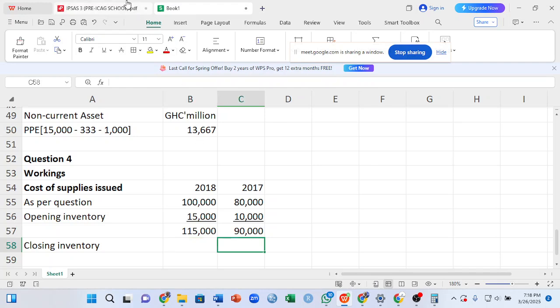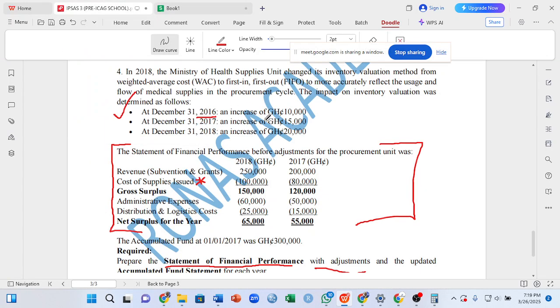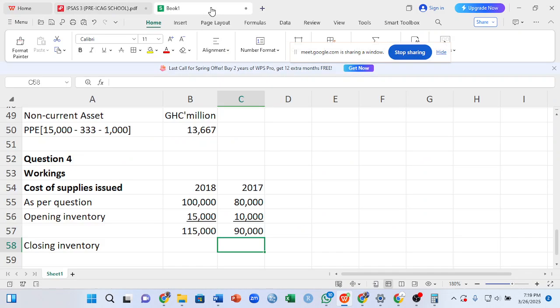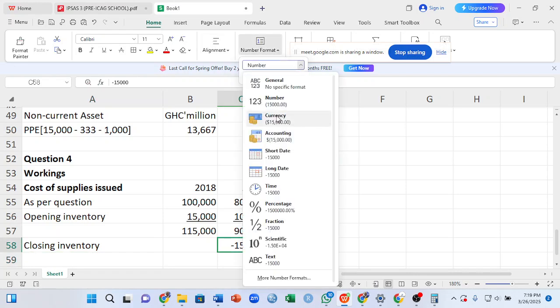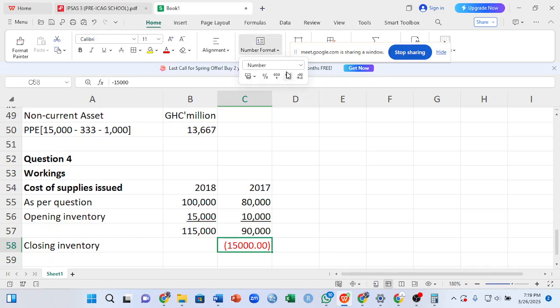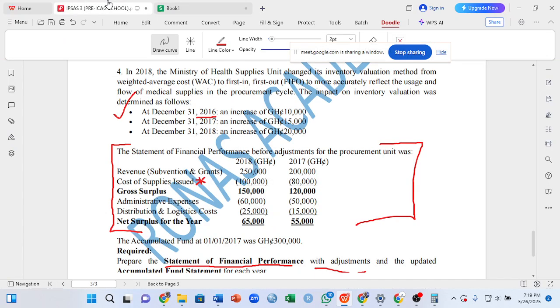So when we come to 2017, here we are going to less the additional 15,000. In this case, let me convert this. Then when we come here too, we'll do same, but here it's 20,000 in this case.